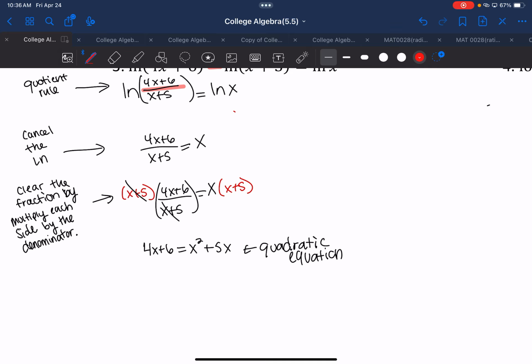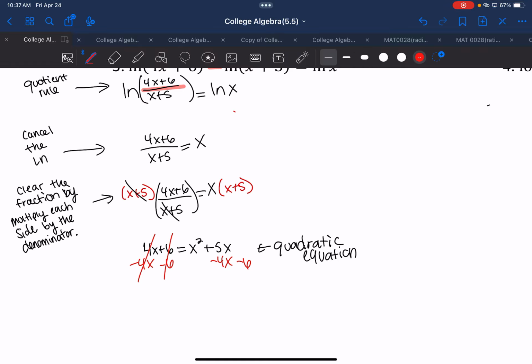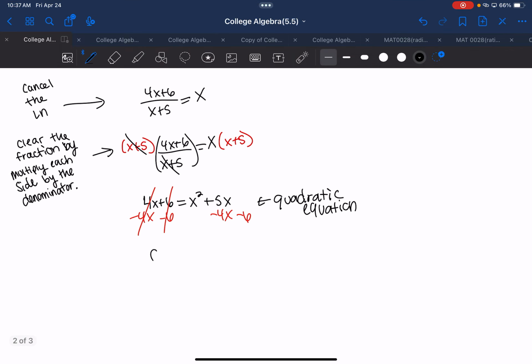So I'm going to subtract 4x on both sides, so it'll cancel on the left, and I'll subtract 6 on both sides, so it'll cancel on the left. And so that will leave me with 0 is equal to x squared, 5x minus 4x is 1x, so just plus x, and then minus 6.